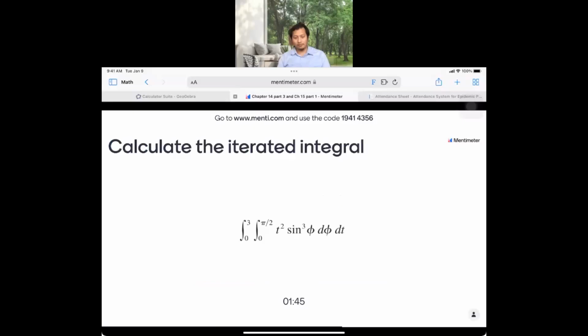I hope you don't mind, it's giving you a different variable, but it's still the same. It's just like dy dx, dx dy.